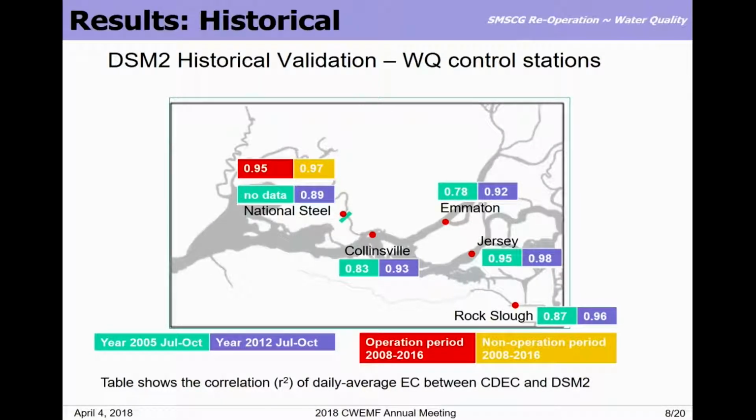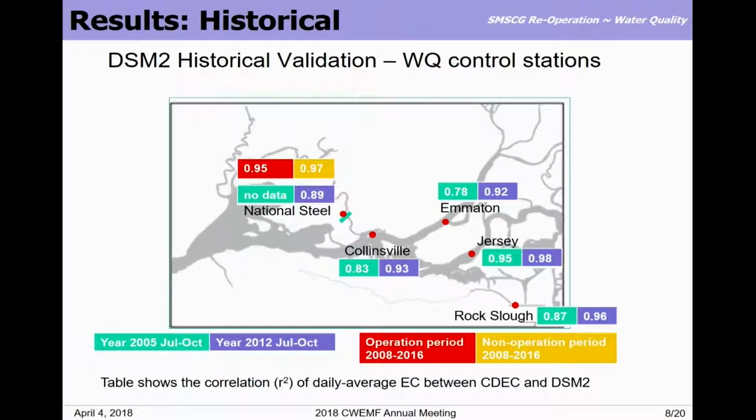And at the same time, this one, National Steel, is a location behind the control gate. So this is also an area we're concerned about. We don't have data until 2008, so we only have one comparison here for the 2012 summertime.